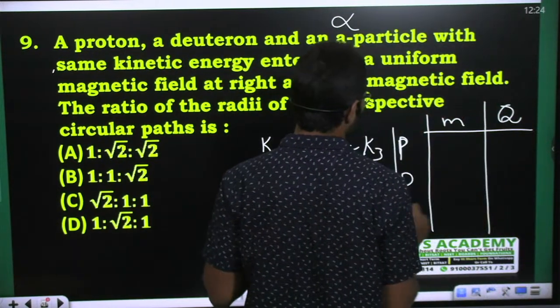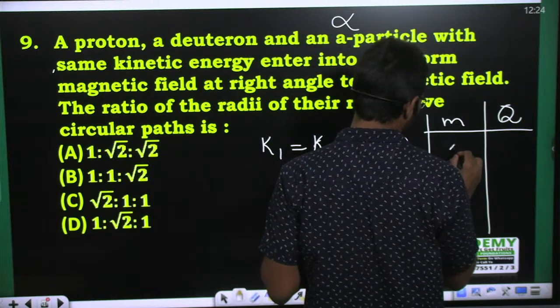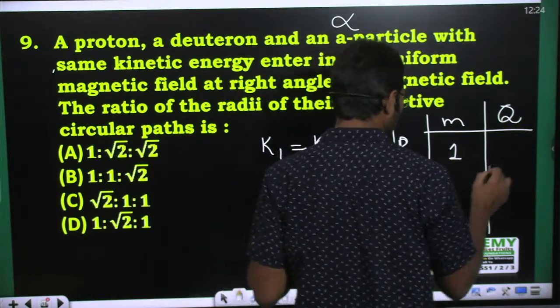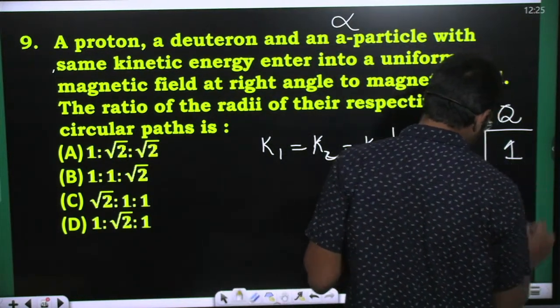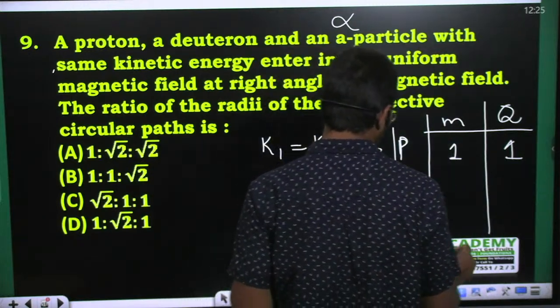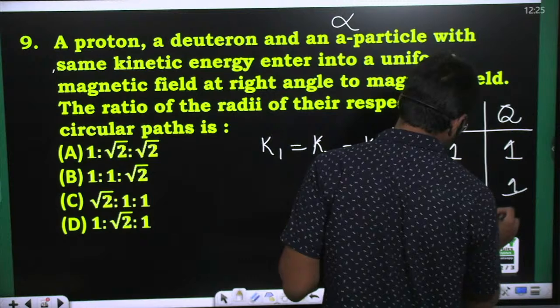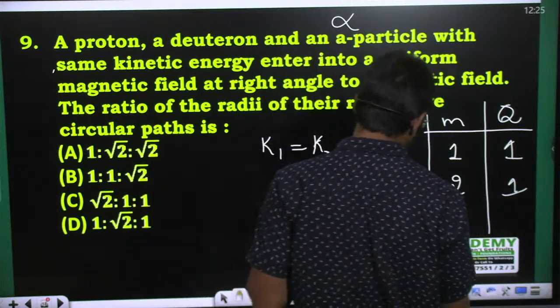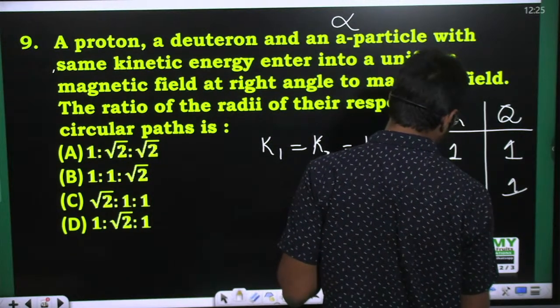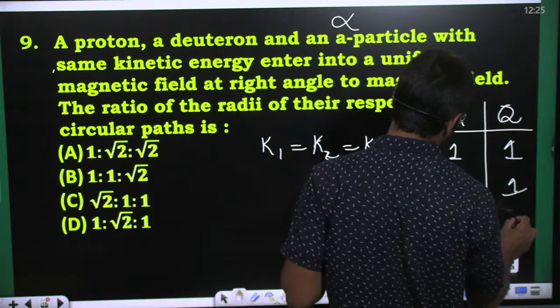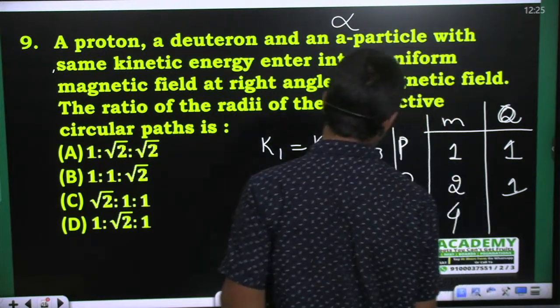The mass of proton is 1, charge is a single unit. The mass of deuteron is 2, charge single unit. The mass of alpha particle is 4, charge 2 units.